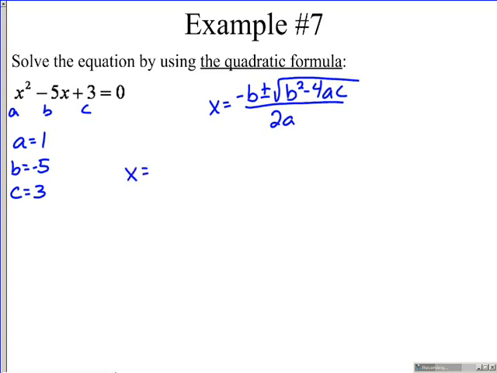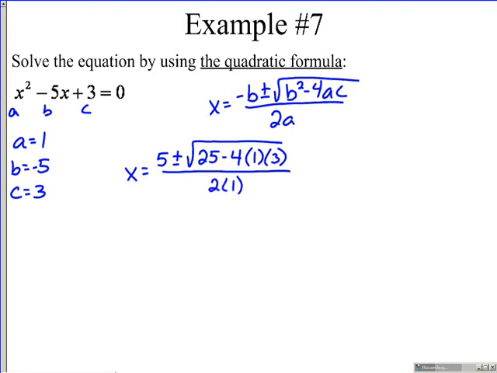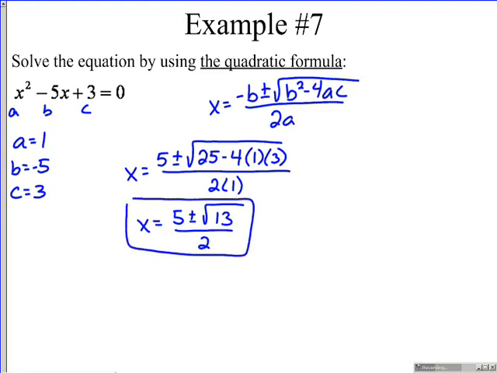X equals the opposite of B plus or minus the square root of B squared, which is 25 minus 4 times A times C all over 2A. 25 minus 12 is 13. We cannot break this down any further, so there are our two solutions, 5 plus or minus root 13 all over 2.